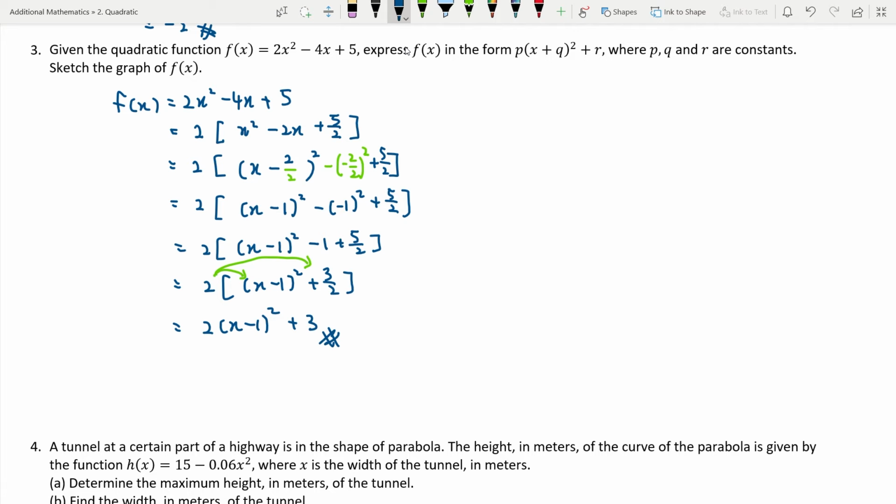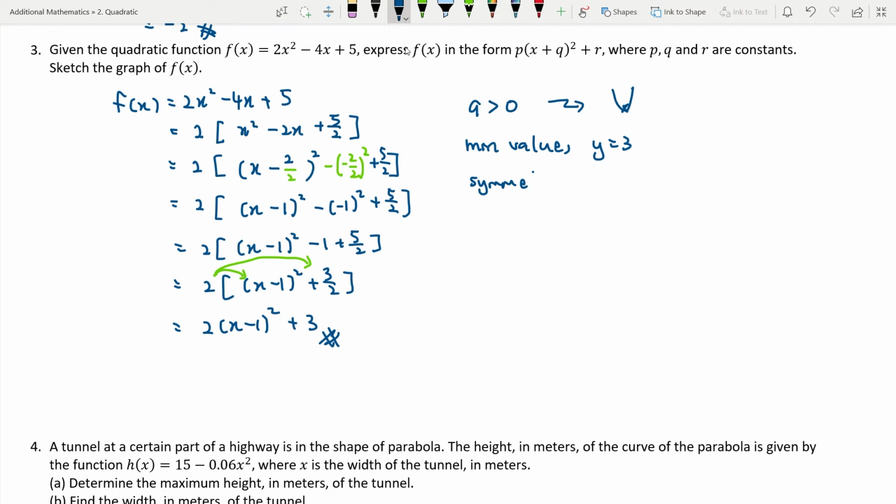To sketch the graph of f of x, we need to prepare some information first. Our a value is 2, which is greater than 0, indicates it is a smiling curve with a minimum point. The minimum value is 3.